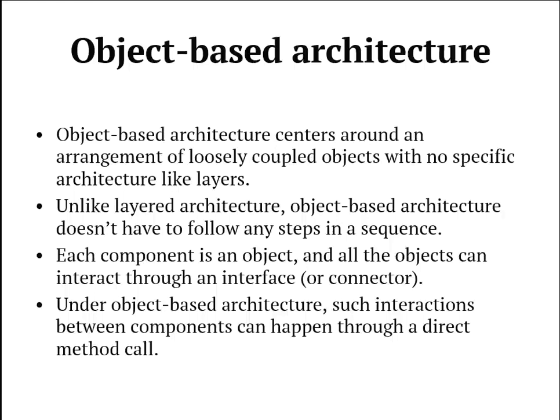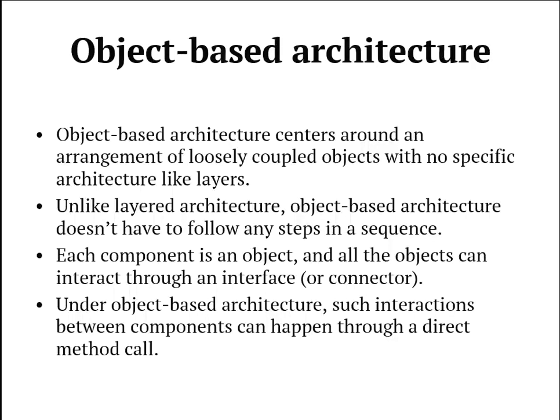Each component is an object. I stated that a component basically is a class. Here the class means the object, and all objects can interact through interfaces. The interface is actually the connector through which the users pass the message.